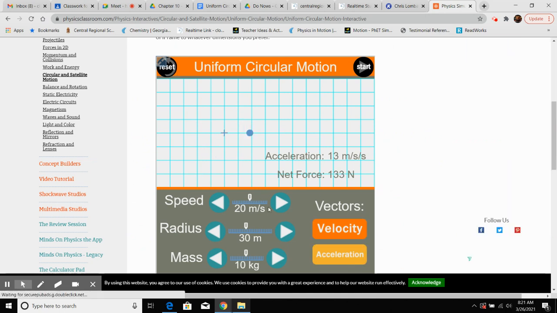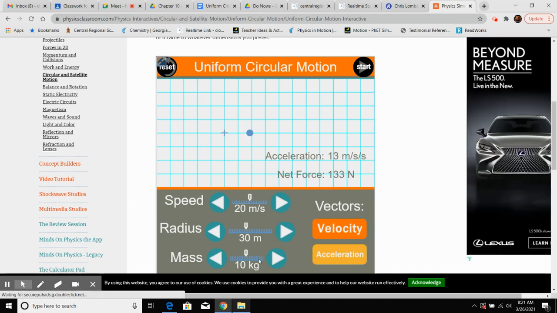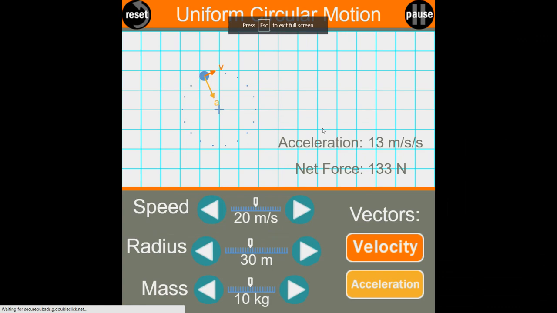Also, they just said don't touch the mass, so we're going to leave the mass the same. Right now, the acceleration is at 13 meters per second squared. I'm just going to throw the velocity vector and the acceleration vector on. If we're watching this, I'm going to change the radius.